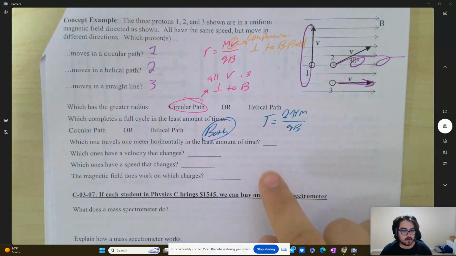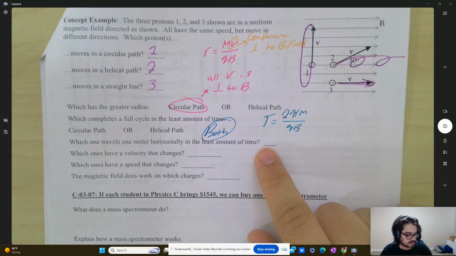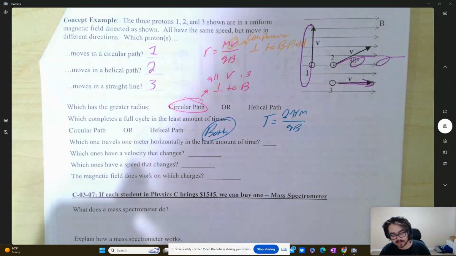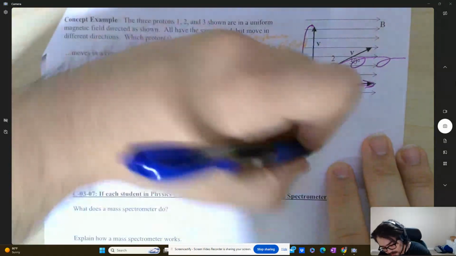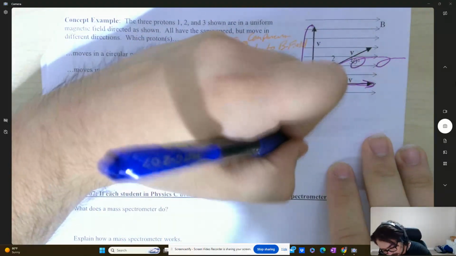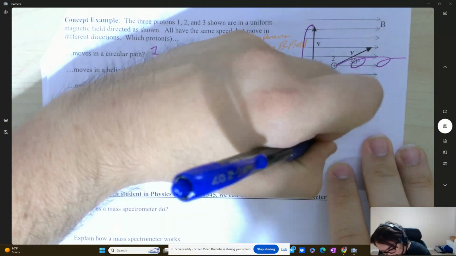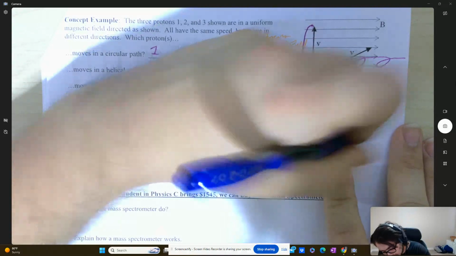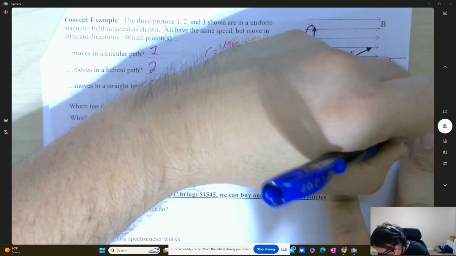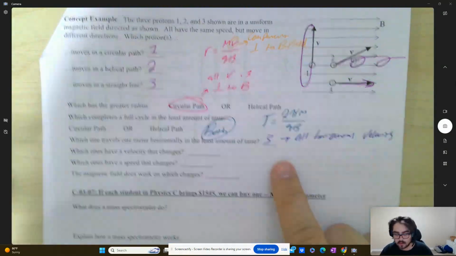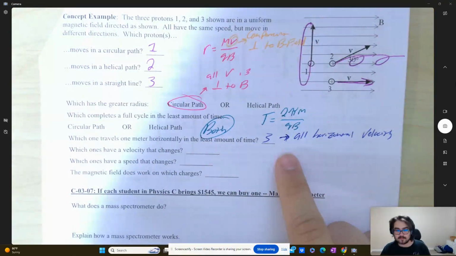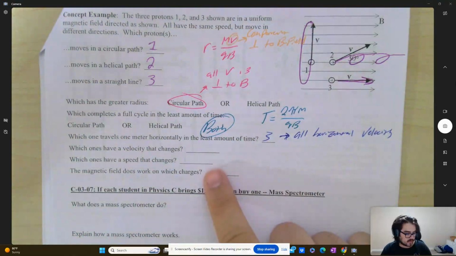Which one travels 1 meter horizontally in the least amount of time? It would have to be 3, and I hope that makes sense to you because this has all horizontal velocity, which means that it would move the most horizontally. Which one has a velocity that changes?